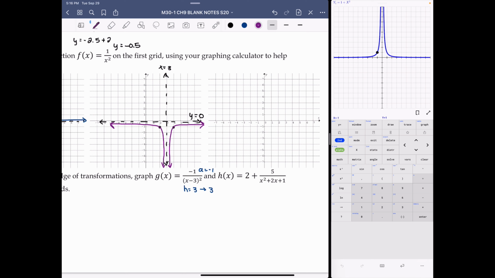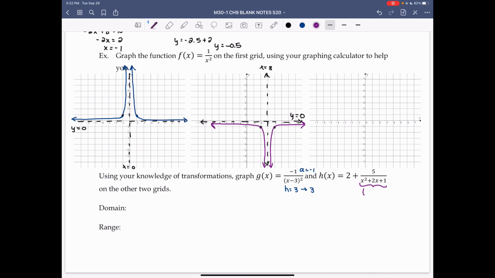Last graph, h of x equals 2 plus 5 divided by x squared plus 2x plus 1. Let's graph that using our knowledge of transformations. It doesn't quite look in the form we need it to be, but if I look at this function here, that is a perfect square trinomial, so I can factor that to a binomial squared.